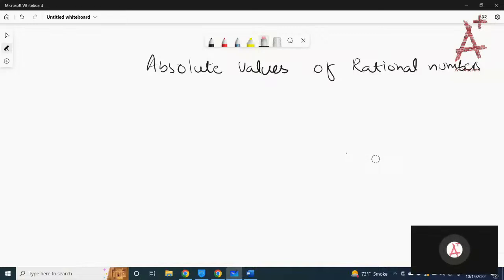Okay, so the first one is absolute. We already know absolute values are always positive. Got it? So what is the absolute value of 5.7?